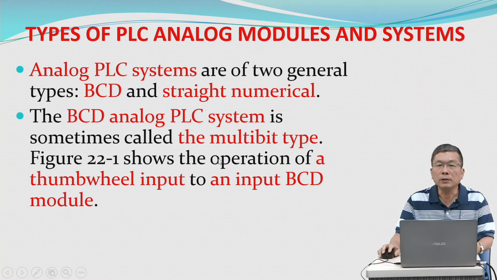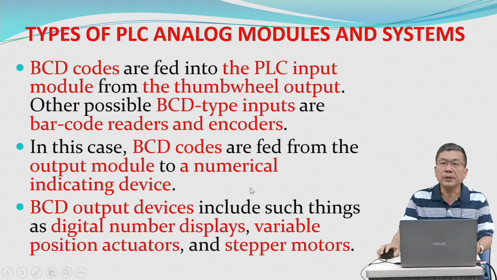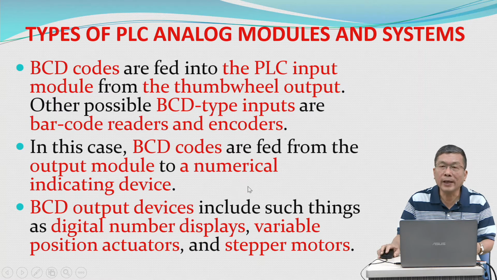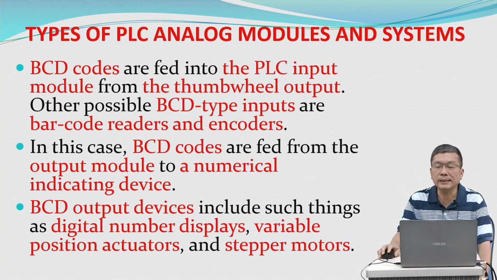Figure 22.1 shows the operation of a thumbwheel input to an input BCD module. BCD codes are fed into the PLC input module from the thumbwheel output. Other possible BCD type inputs are barcode readers and encoders.